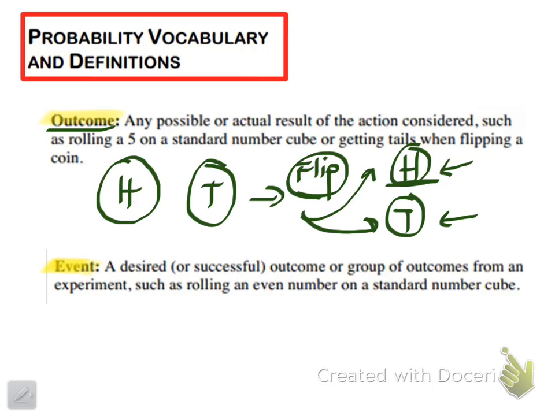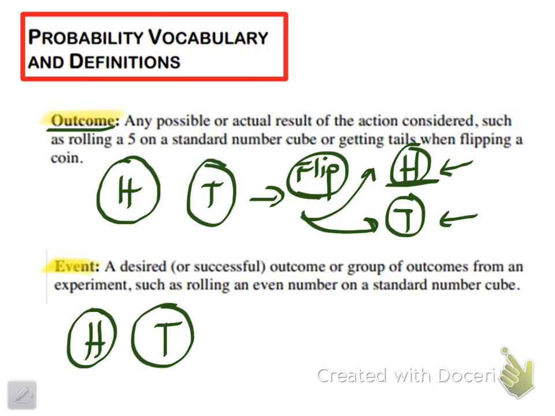Okay, an event is a desired or successful outcome or group of outcomes from an experiment, such as rolling an even number on a standard number cube. Okay, so here we go. Same thing. Let's use the heads and tails example like we did above. Okay, so we have heads, we have tails.